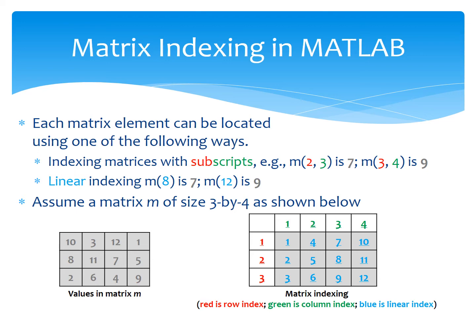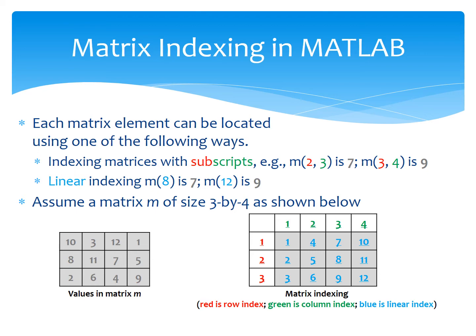The subscripts use row index, the red number, and the column index, the green number, to locate a unique element, while the linear indexing numbers each element in the matrix from top to bottom and from left to right. You can see the blue numbers.